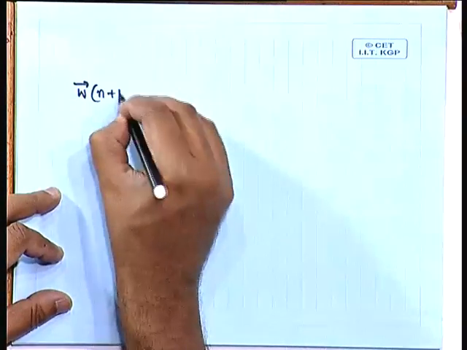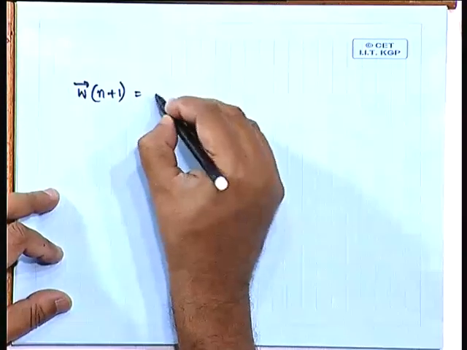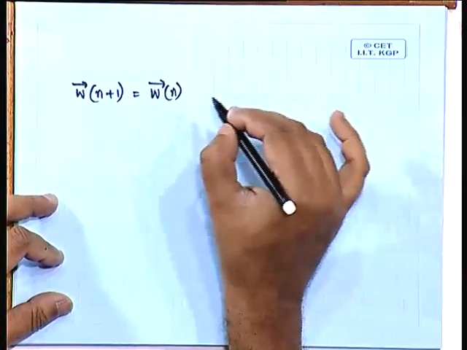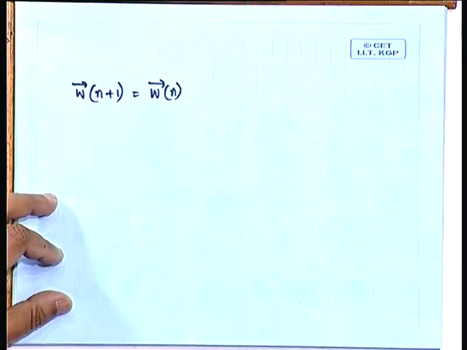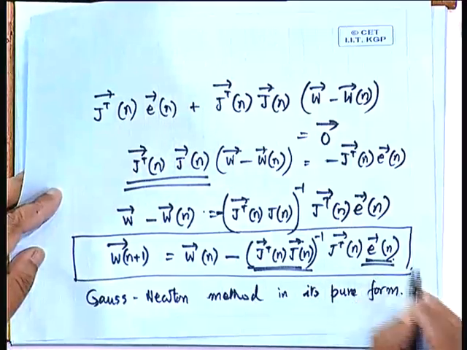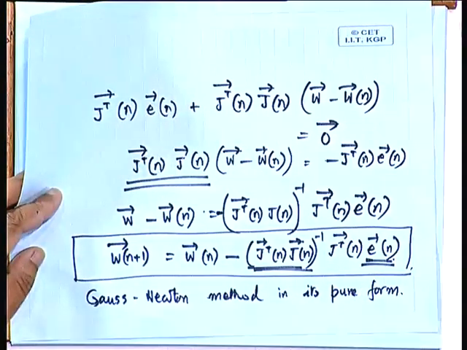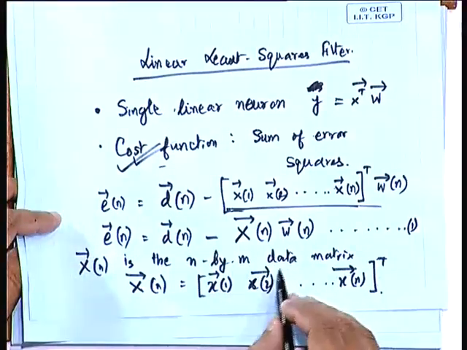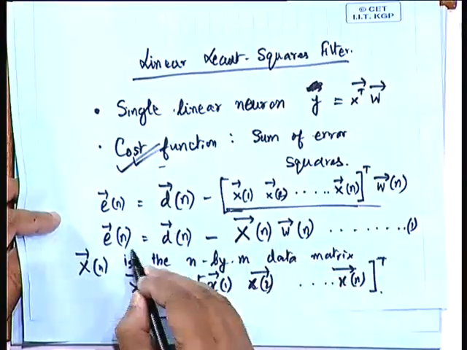W n plus 1 is equal to W n, and then we are going to do two things. You see, we have got an error expression here, that is E n, and E n, mind you, is d n minus x n W n.